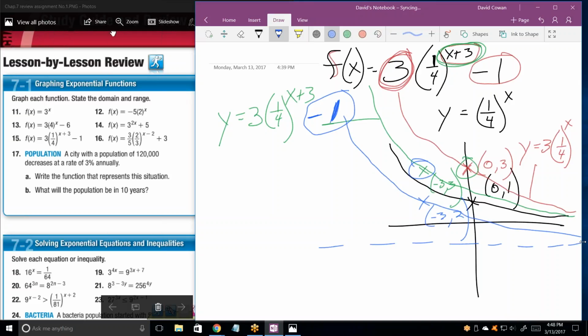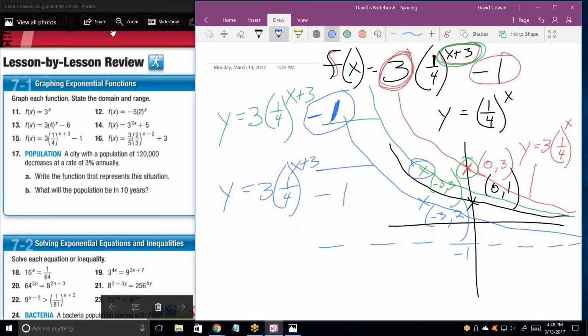So the blue line, as x goes to infinity, will approach my horizontal asymptote defined by y equals -1. So this curve here is what we were given, the entire thing, x plus 3, minus 1 outside the function.